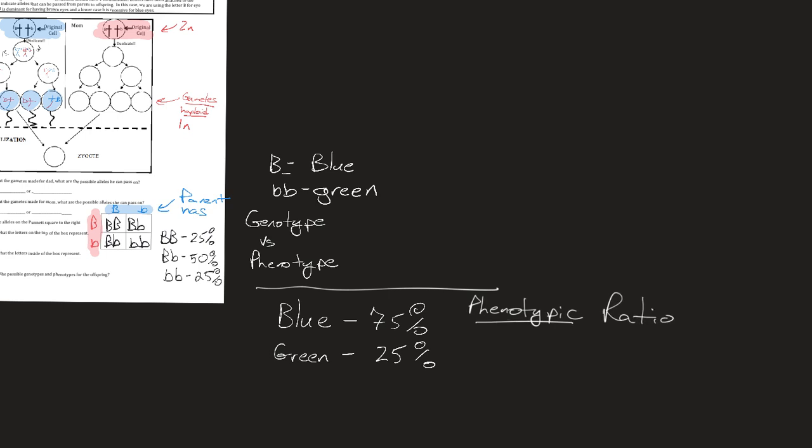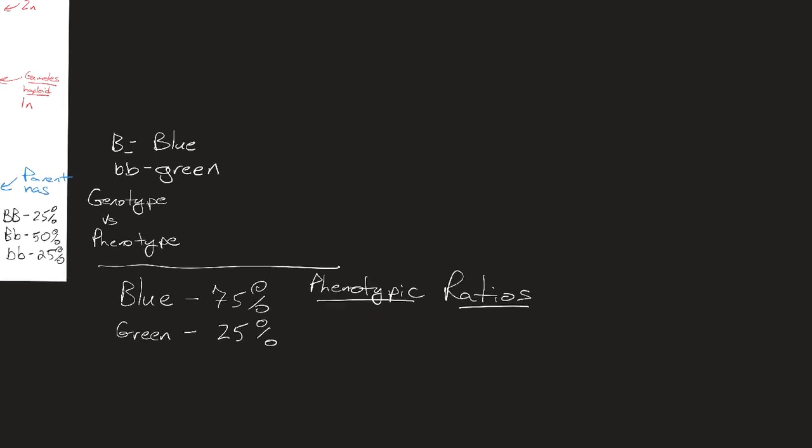When they say phenotypic ratios, before I go on, let's look at the different ways to say the same thing, because there's various ways to say the same thing. Let's first say that 75% is equal to 3 out of 4. Does everybody see that?